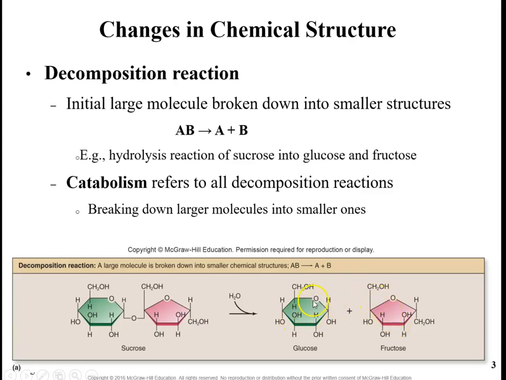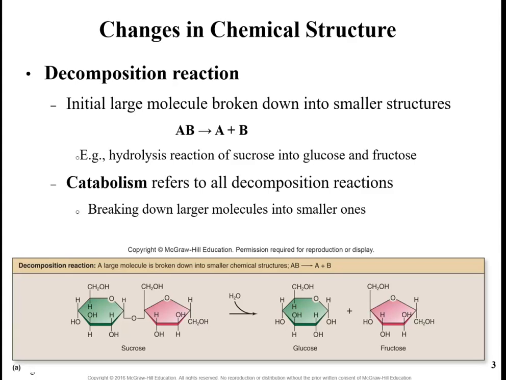Both of these are monosaccharides. So we've broken a big molecule, or a bigger molecule, into 2 smaller molecules, and we've used water during that reaction. Catabolism refers to the sum of all decomposition reactions happening in the body. So this is the breaking down of larger molecules into smaller ones.